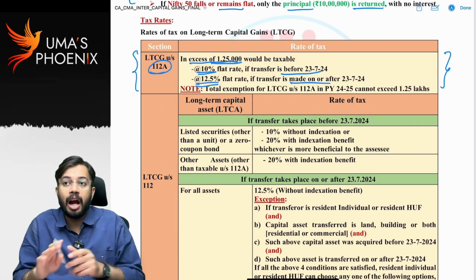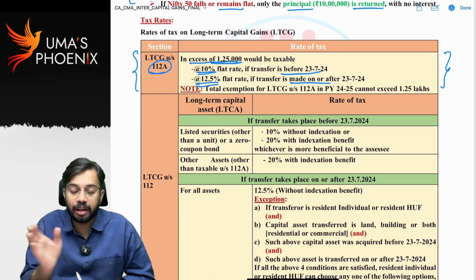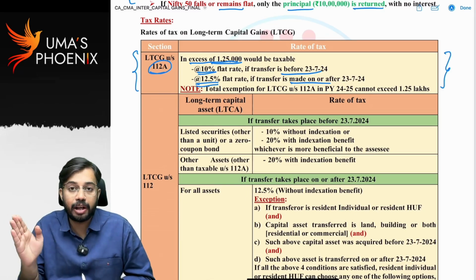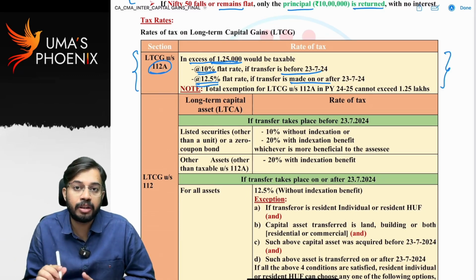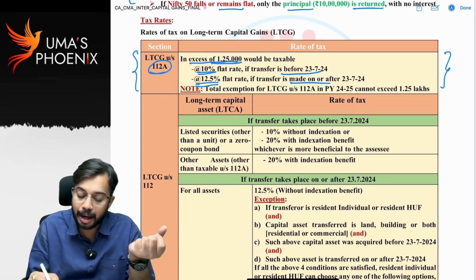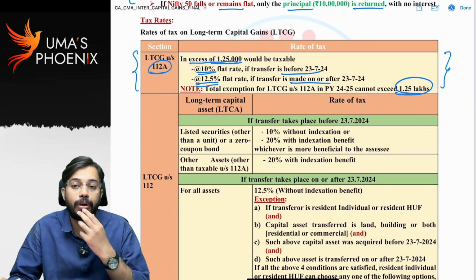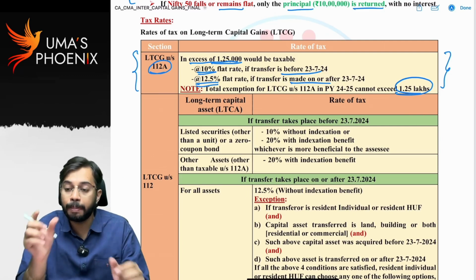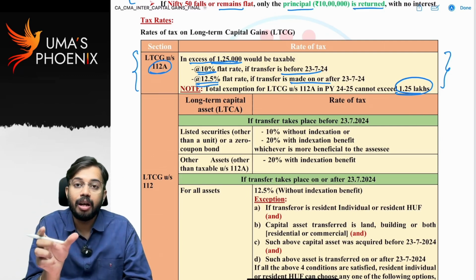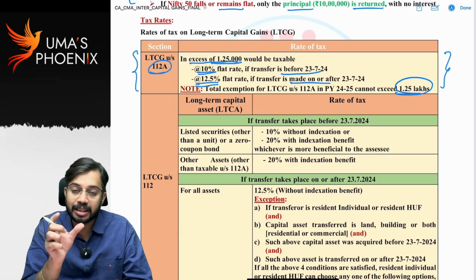Is it clear? And for previous year 24-25 together, the maximum exemption allowed for long-term capital gain under section 112A is 1.25 lakhs. Exemption cannot exceed 1,25,000. Up to 1,25,000 only, long-term capital gain under section 112A is exempt.